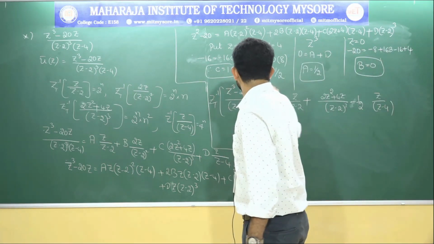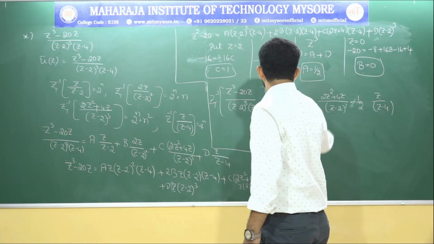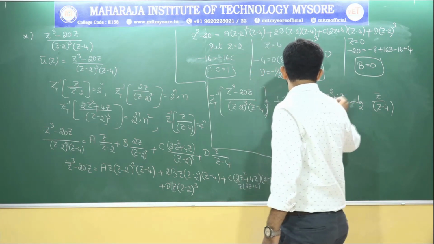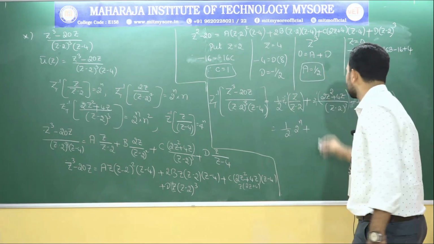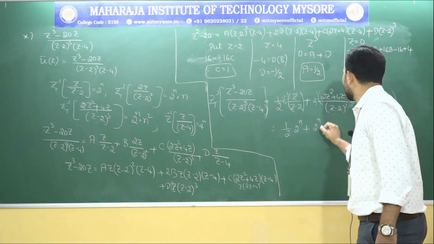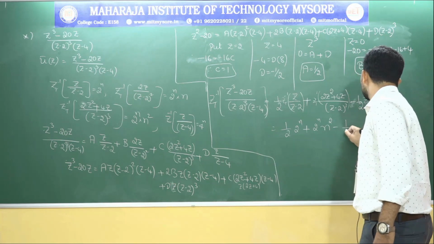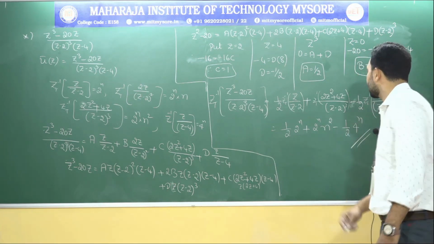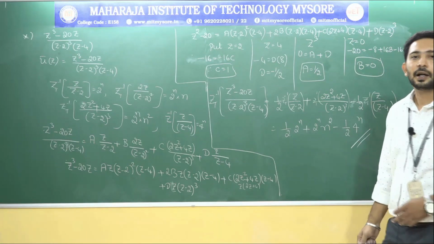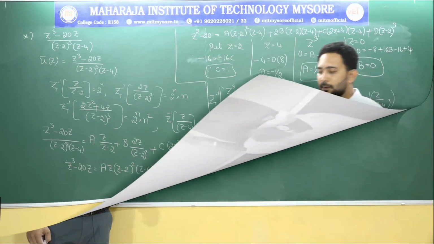Z inverse for this will be 1 by 2 into 2 power n, plus 2 power n into n square, minus 1 by 2 into 4 power n. So this is our required result.